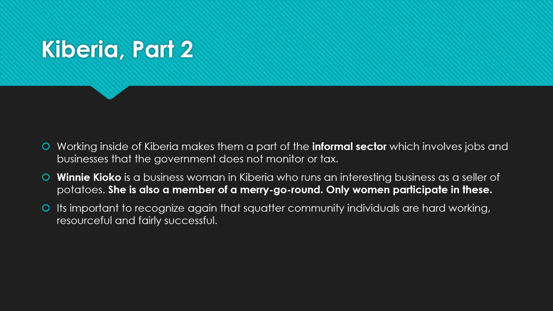The other extremely important thing to know about this merry-go-round is that only women participate in these. Neither women nor men could explain why this was the case. Again, it's important to recognize that squatter community individuals are hardworking, resourceful, and fairly successful individuals.